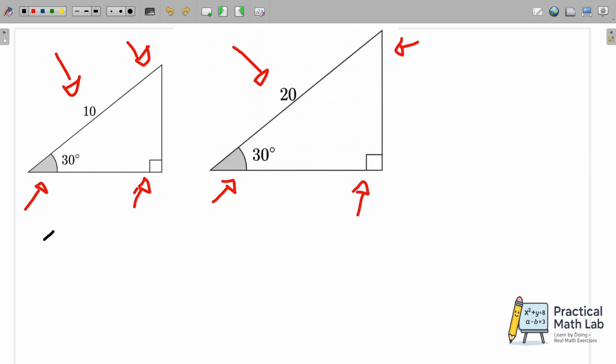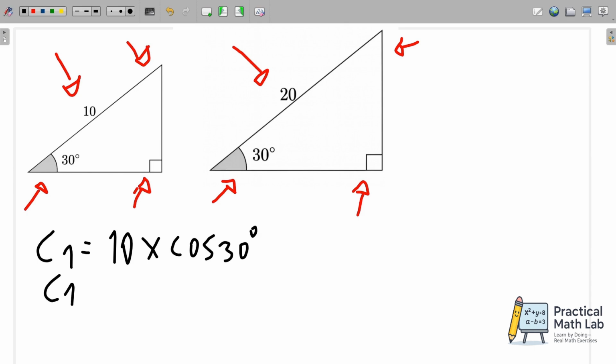Now let's find the adjacent leg, which is equal to the hypotenuse, which is 10, times the cosine of the angle, which is the cosine of 30, which is equal to 10 times 0.866. That's in the trigonometric table.